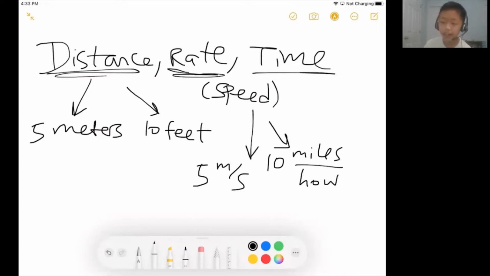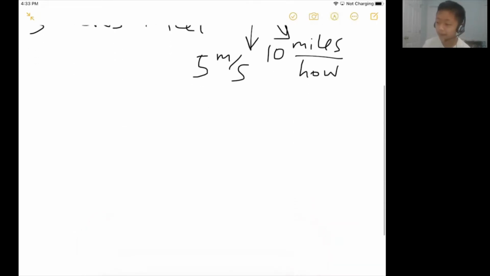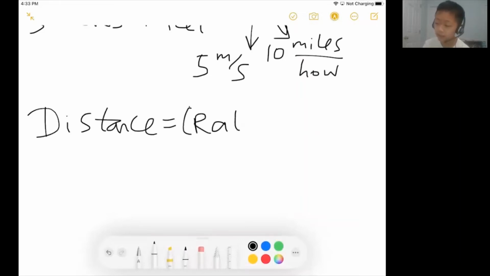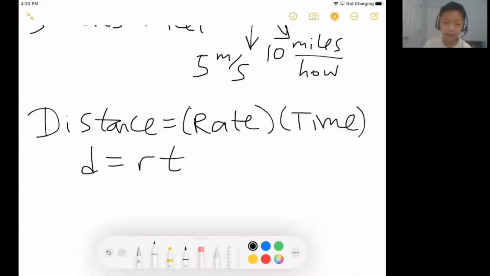And there's a very important relationship between these three quantities, and that is: distance is always equal to rate times time. You might often see this abbreviated as D equals RT. This equation is very important.